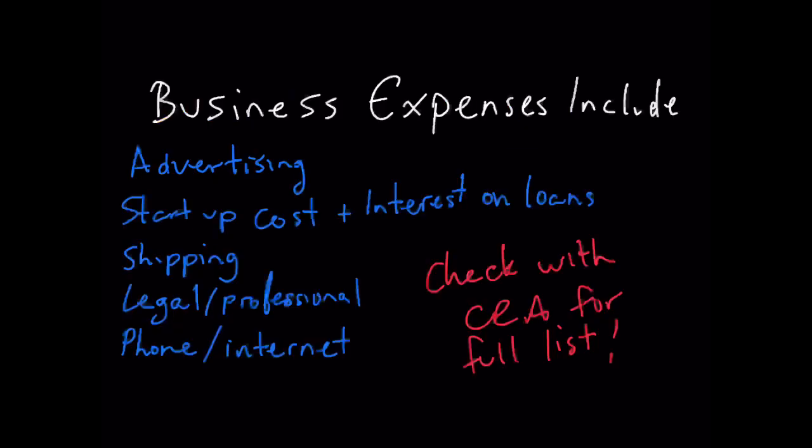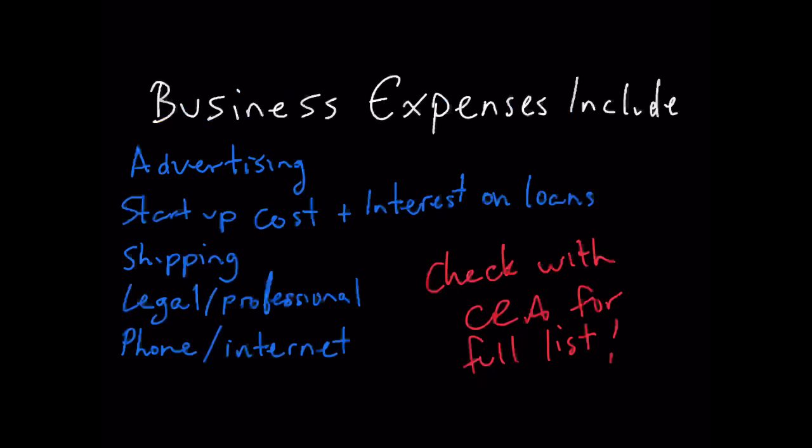All right, let's talk about some basic business expenses. Those would include things like your advertising, your startup costs. Also, if you've received a loan to get your business up and running, that would include the interest on said loan, shipping and delivery costs, legal and professional fees and dues, your phone, your internet expenses. These are all things that are business expenses.